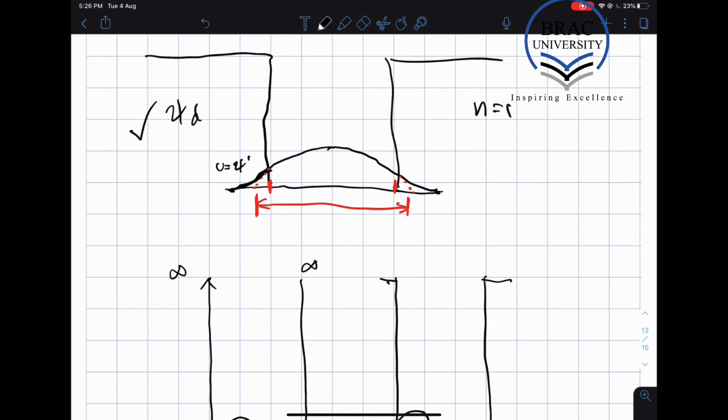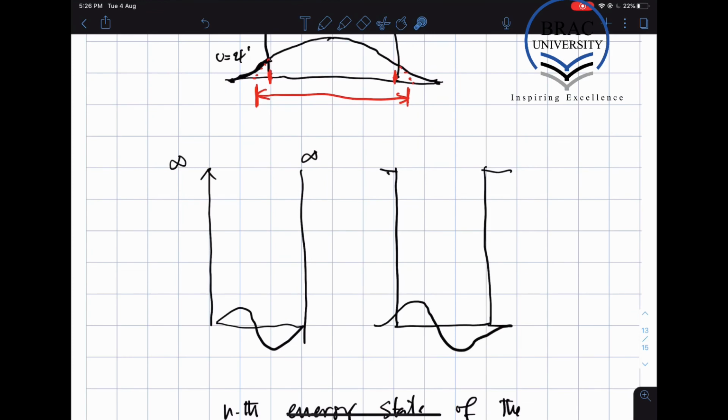And how many zeros does it have? Well, it has no zeros here. It has a zero at infinity here, and at infinity here. Of course, this goes to zero very rapidly. You don't have to go all the way to infinity, but in principle, an exponentially decaying solution only goes to 0 at infinity. So the n equals 1 state has n plus 1, that is 2 zeros.